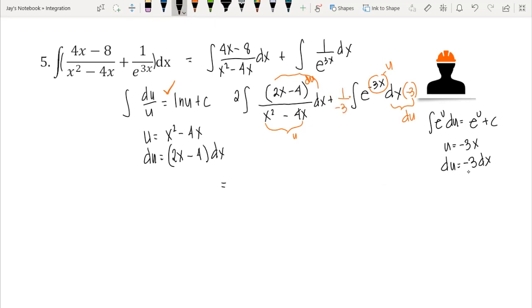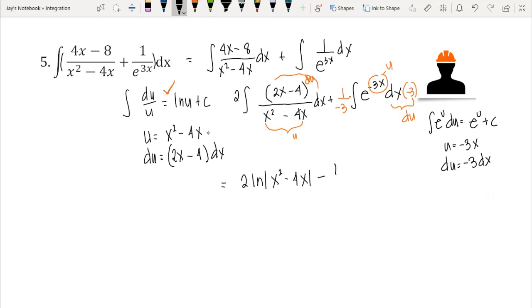So to simplify, we have our answer. We have the first term, that is natural logarithm of u plus c, but we have 2 outside of the function, so we write 2. Then we have the natural logarithm; our u is x squared minus 4x. In the second term, we have 1 over negative 3, but we have a positive sign in between, and since multiplying positive and negative gives us negative, we use negative as our sign.